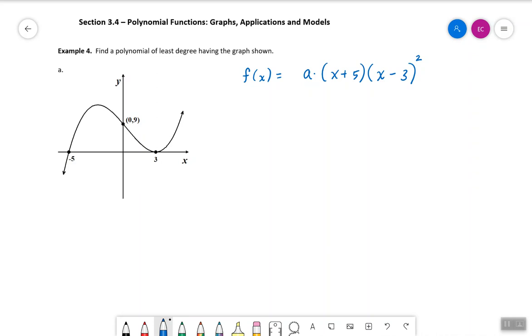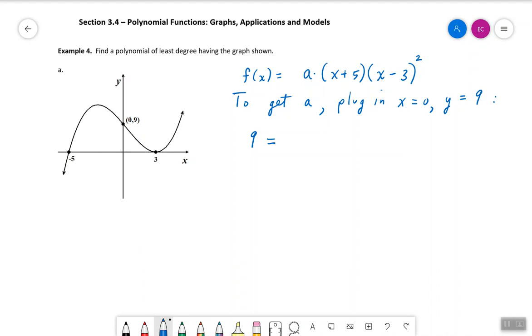To get a, we're going to plug in the point (0, 9). Plug in x equals 0 and y equals 9 and solve for a. So f of x is the same as y.